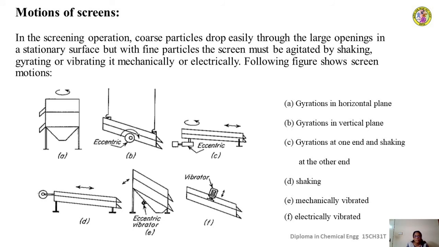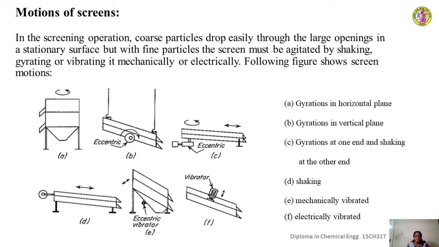The third figure shows the combination of gyrating action as well as the shaking action. One end is gyrated, at the same time the other end will be shaking, involving forward and backward motion. So a combination of motions can be used, or a single type of motion can also be used. The fourth figure, figure D, indicates the shaking action of the screens.